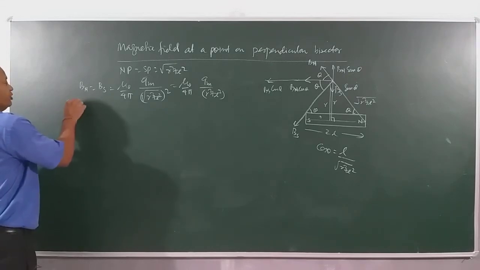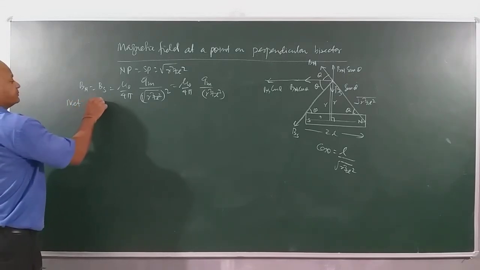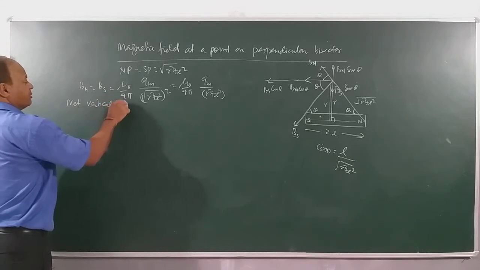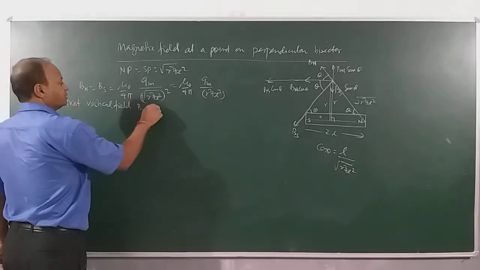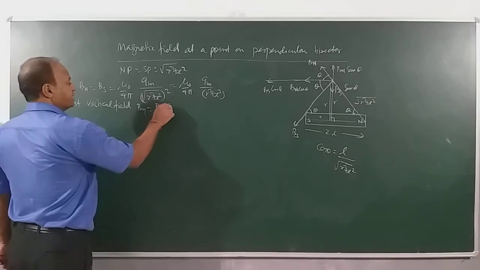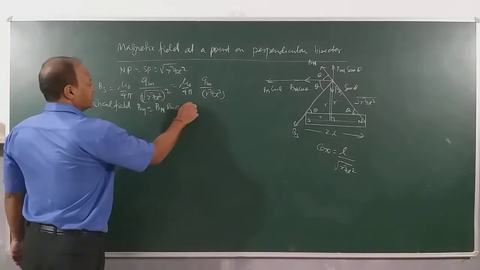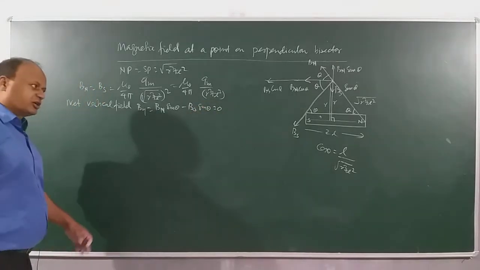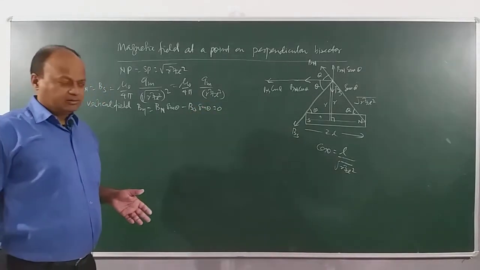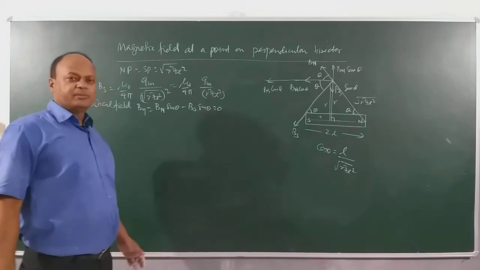The net vertical field, children, By will be equal to Bn sin theta minus Bs sin theta, and how much will that be? Zero. It means along the vertical direction there will be no magnetic field.